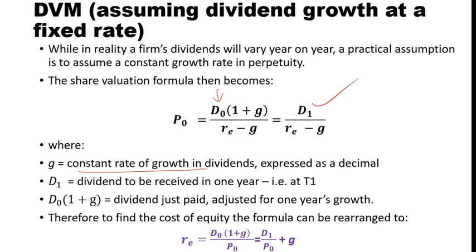If you rearrange these figures, you end up having RE equal to D0 multiplied by (1+g) over P0, which is equal to D1 over P0 plus g. All right, that is the issue.